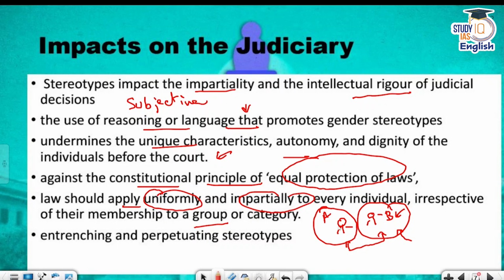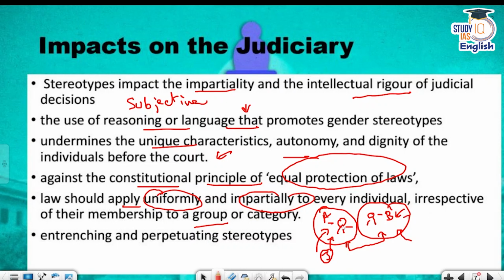But if we talk about A, who belongs to a low economic background, and they may have also committed financial malpractices, the judges may think that of course he is not from a very affluent background, they may have done certain things like this, so they can be fined more rigorously than B.